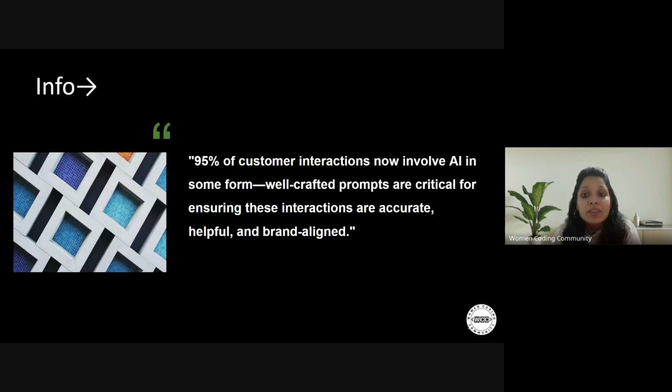Well-crafted prompts are so critical to ensure that the interactions are always accurate, helpful, and brand aligned. That is the key point I would like to specify.